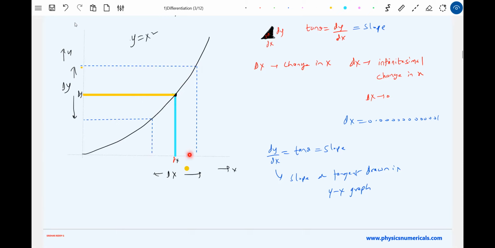Are you able to notice here that delta x tends to 0 will become dx. The ratio of dy by dx will become the slope. That's what I'm showing. This triangle is what is here, a very small infinitesimal triangle. This is called infinitesimal.